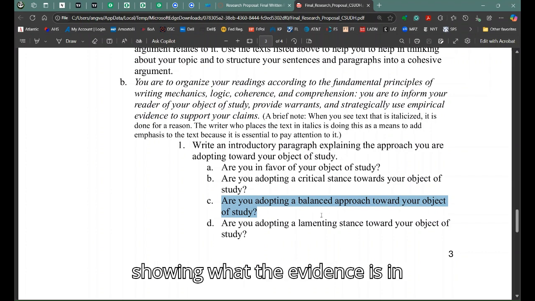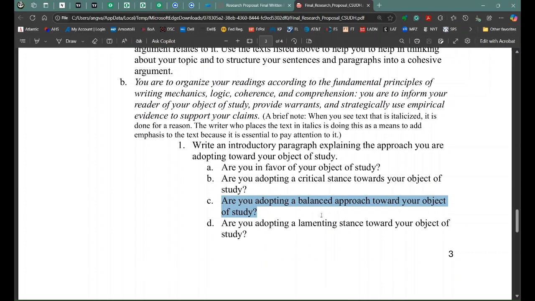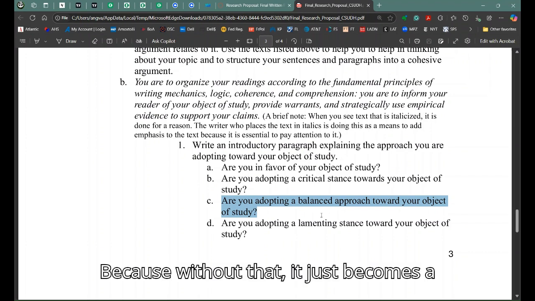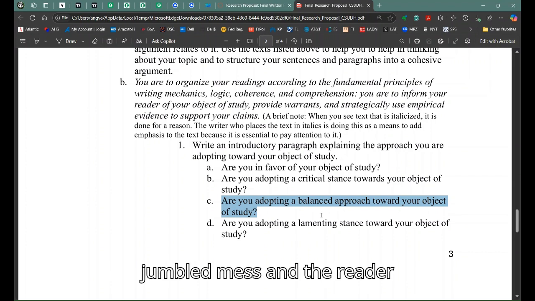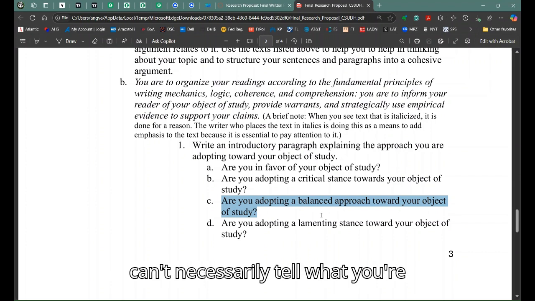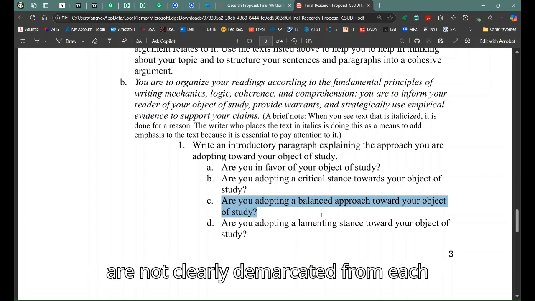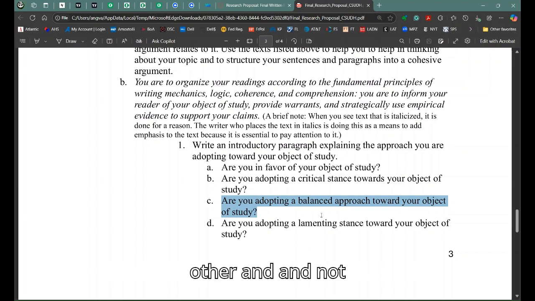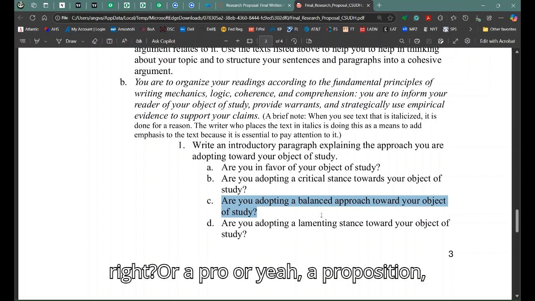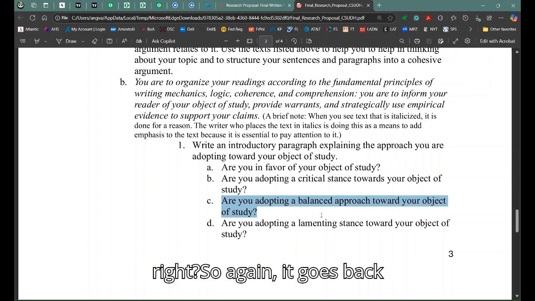At the same time, showing what the evidence is in terms of the benefit, or the pros. Because without that, it just becomes a jumbled mess, and the reader can't tell what you're trying to accomplish, because those points are not clearly demarcated from each other and the tension that exists between a con and a pro position is not shown.